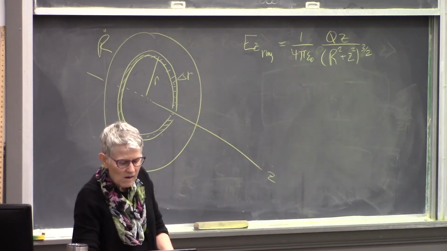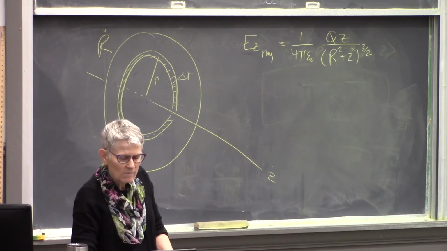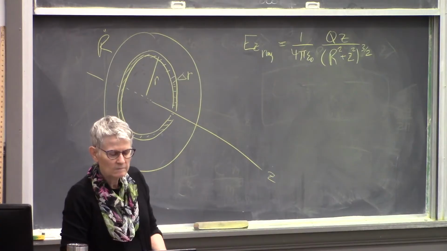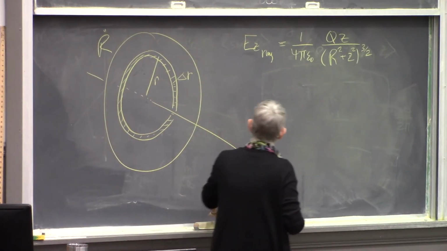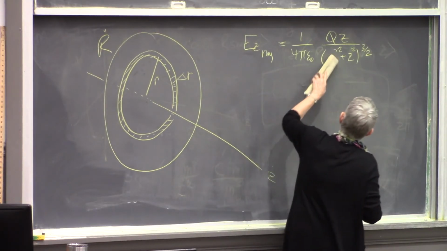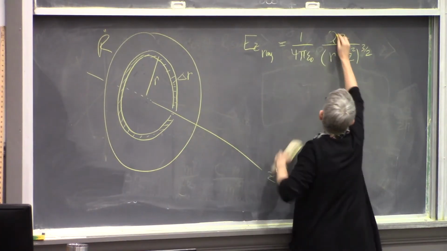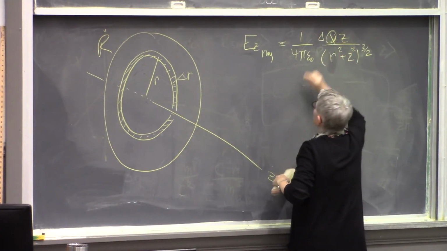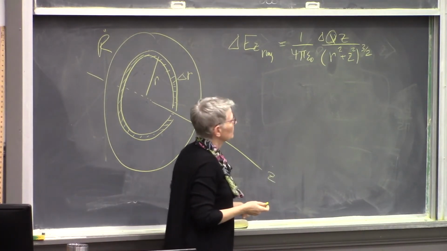Yeah. So for this case, since r is our variable, this is going to be the little radius, and this is going to be a delta q. So this is our delta E sub z for this ring.